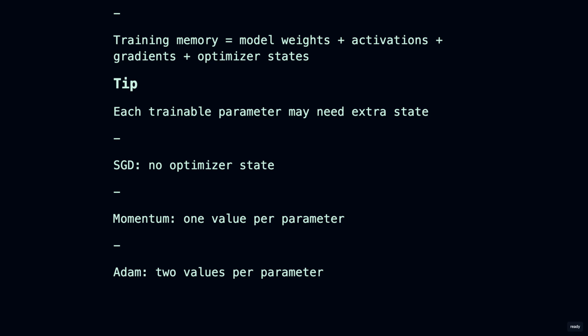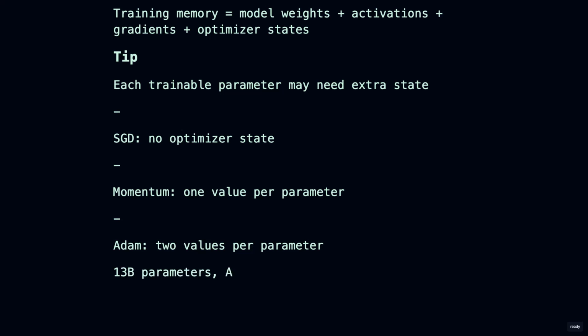That is why its memory cost is higher than SGD or momentum. For a 13 billion parameter model trained with Adam, you have one gradient plus two optimizer states per parameter. If each value takes 2 bytes, the total for gradients and optimizer state becomes very large.